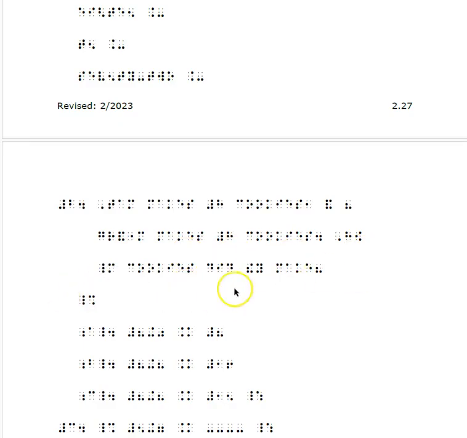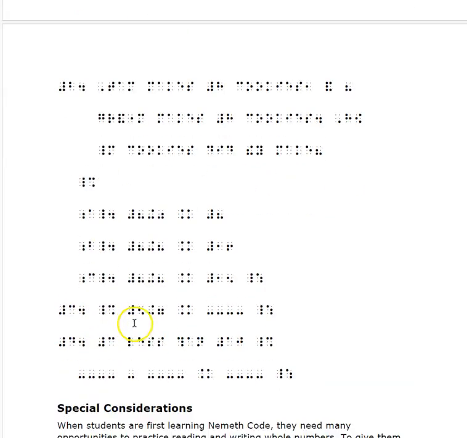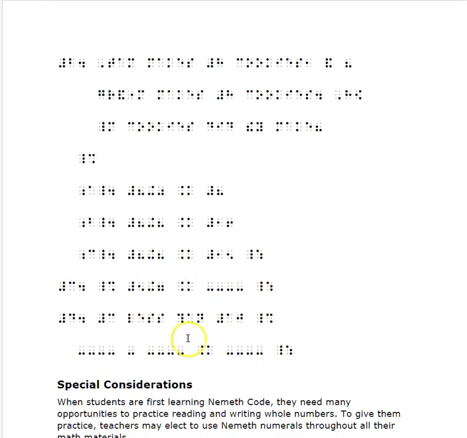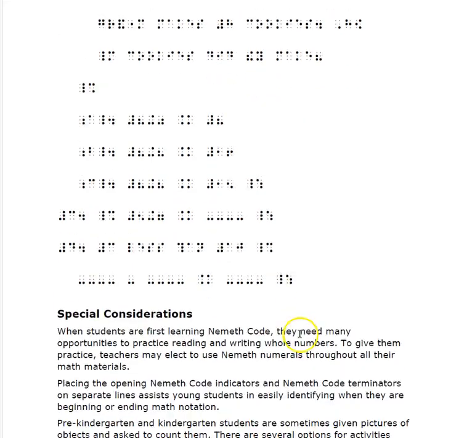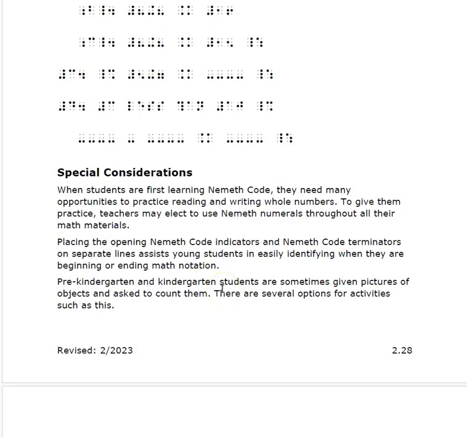How many cookies did they make? Start Nemeth, 1, 2, 3, or 4, 5, 6, I'm sorry, and SH. And then they did the number sentences for you. And here's the blank lines for the final answer. Okay.